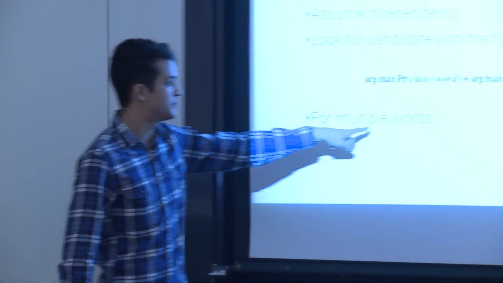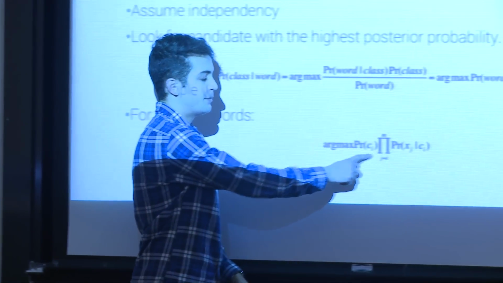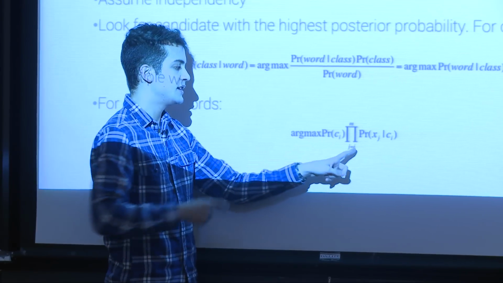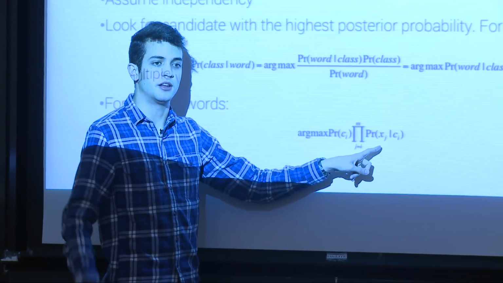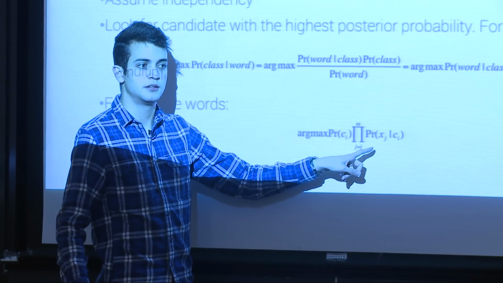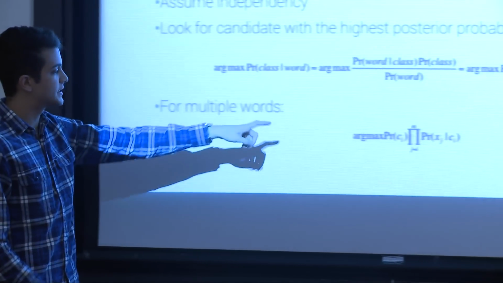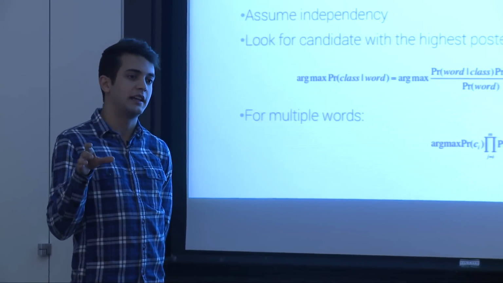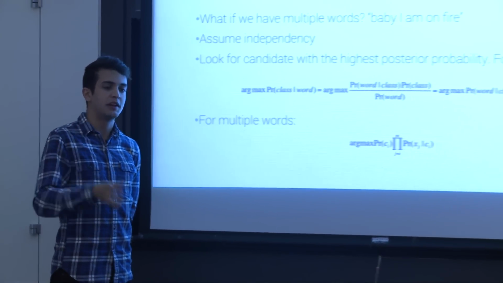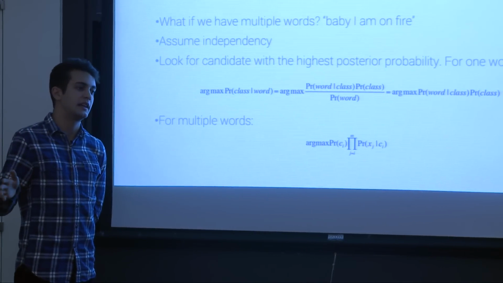And if I have multiple words, I'm still going to have the prior probability here. The only thing is that I'm multiplying the probability of all the other words. So I'm multiplying all of them. Make sense? It looks weird, but basically it means calculate the prior of the class and then multiply it by the probability of each of the words being in that class.